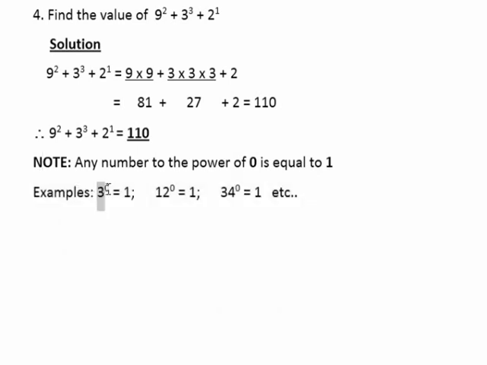If you see 3 power 0, the answer is 1. 12 power 0, the answer is 1. 34 power 0, the answer is 1, etc. So any number with no exception, if the number has power of 0, the answer is 1.